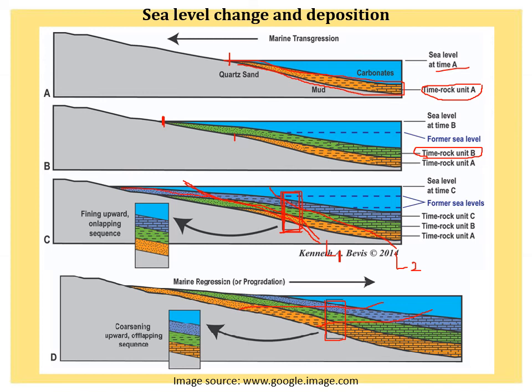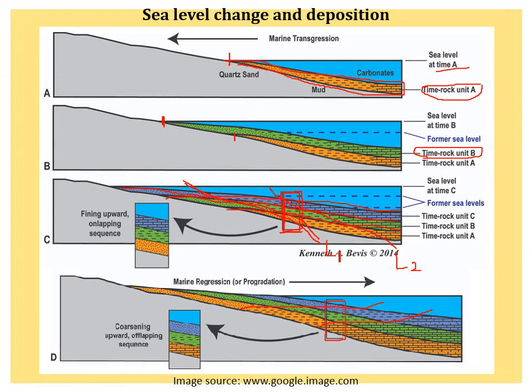This one is one time boundary, that is time C. This one is time B, and this one is time A. That means in this time all these 3 units are deposited. So from this picture you can see that the time boundaries and litho boundaries cross cut each other.